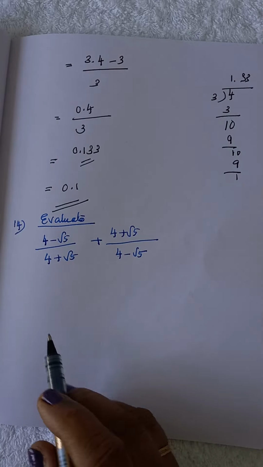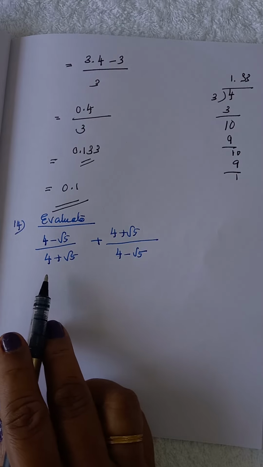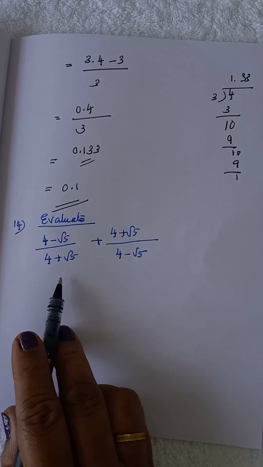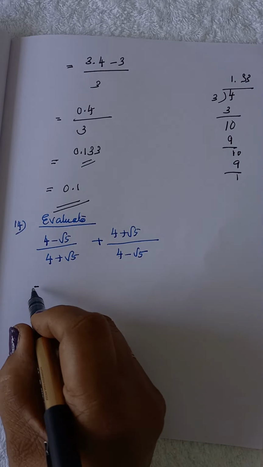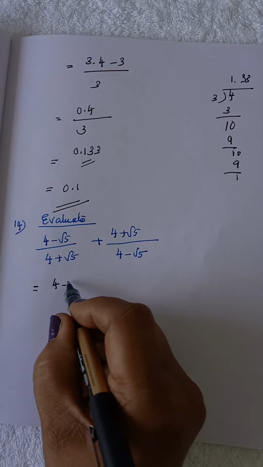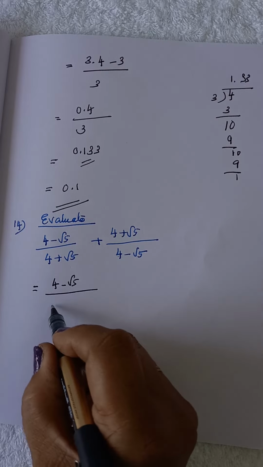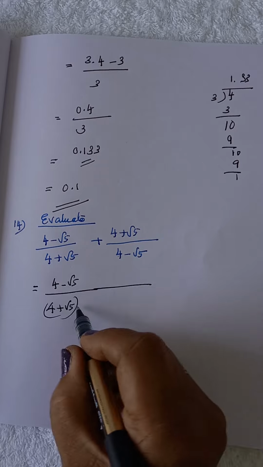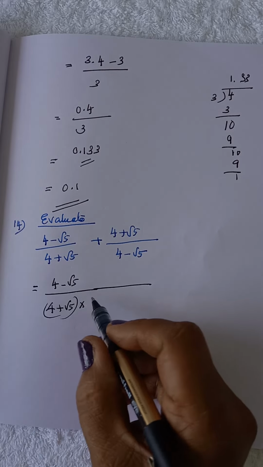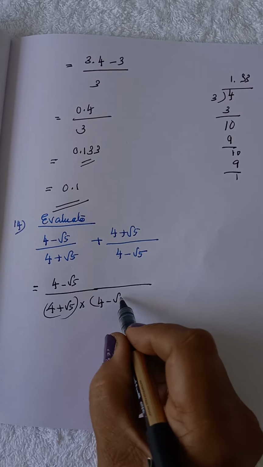14th question is evaluate (4 minus root 5) divided by (4 plus root 5) plus (4 plus root 5) divided by (4 minus root 5). So for (4 minus root 5) divided by (4 plus root 5), we take the conjugate of 4 plus root 5, that is 4 minus root 5, and multiply.